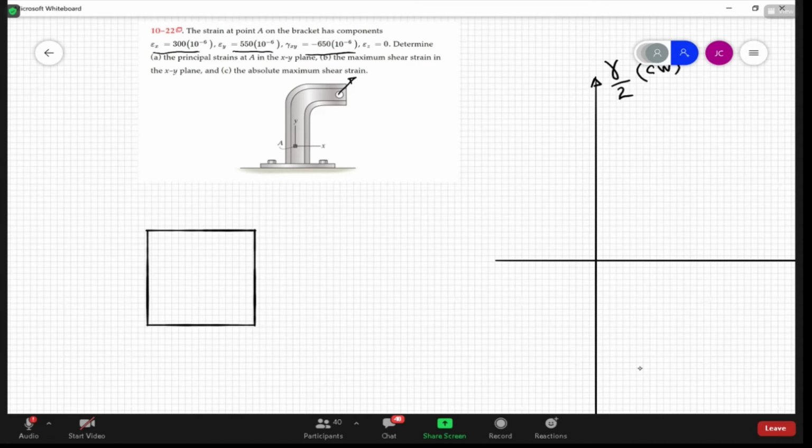We have a positive normal strain in the X direction, so it's going to stretch. I'm going to exaggerate this. It's going to stretch in the X direction like that, and it's also got a positive strain in the Y direction, so it's going to stretch in the Y direction. It's going to stretch more in the Y direction than in the X direction, so I'm going to draw it a little bit more. I'm going to try to eyeball scale it.